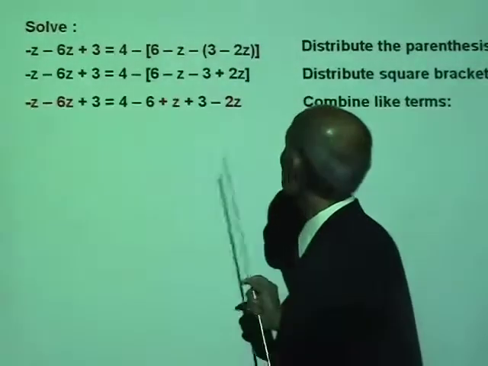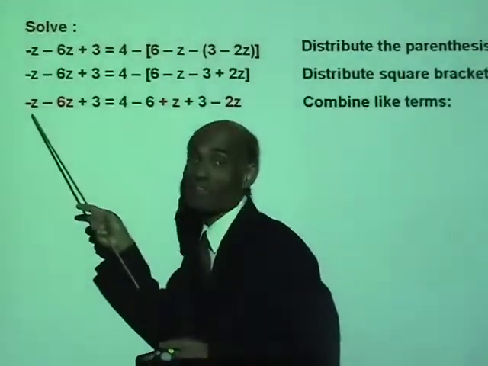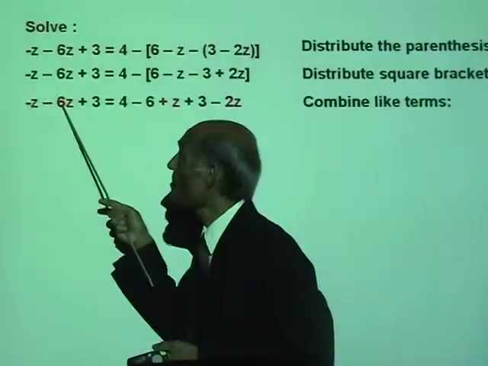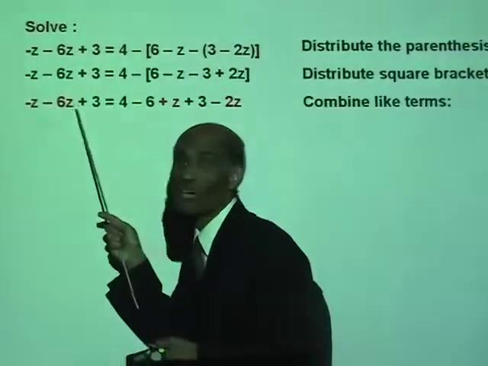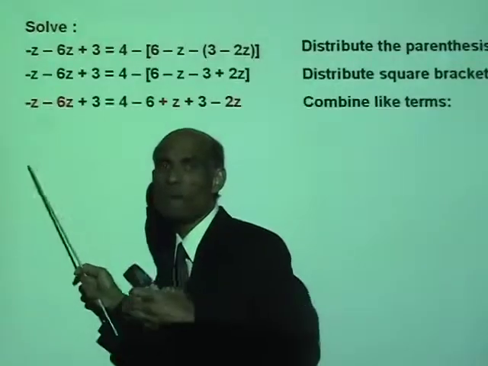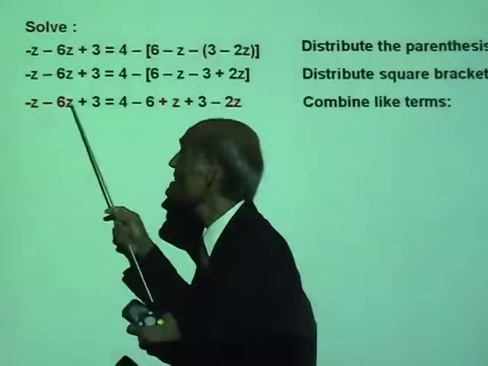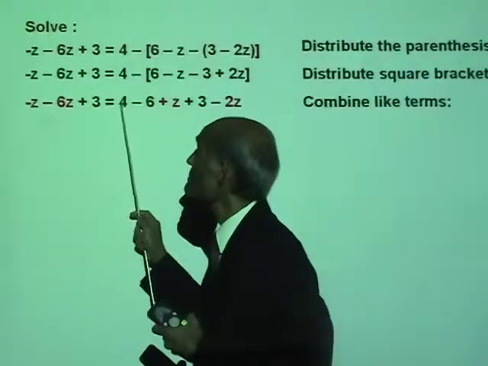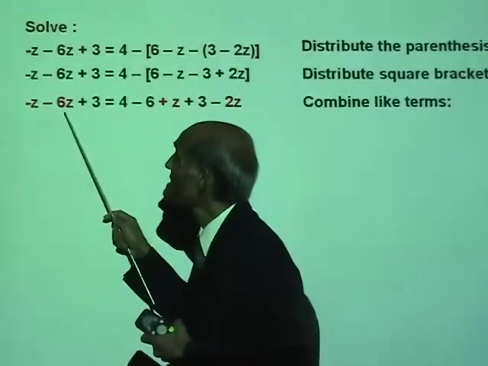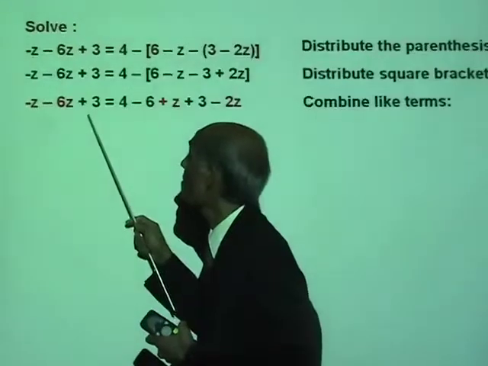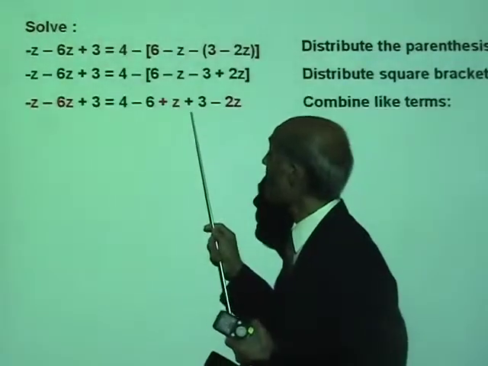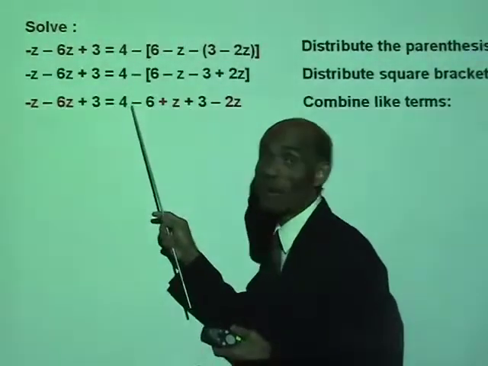Now what we need to do is combine terms on either side. Okay, let's combine terms. On the left, negative z minus 6z. Tell me, what is negative z minus 6z? It is negative 7z. So the left side will be negative 7z plus 3. On the right side, you've got to combine the numbers.